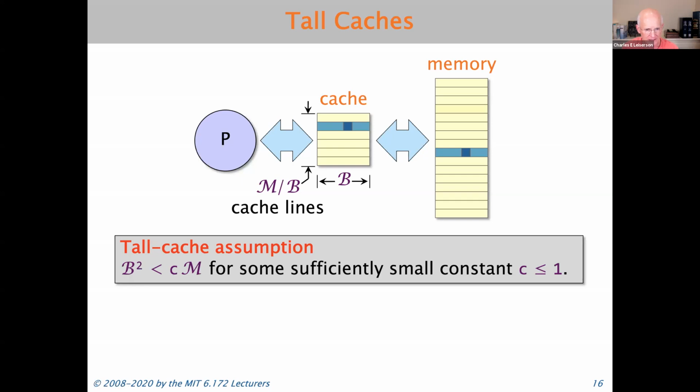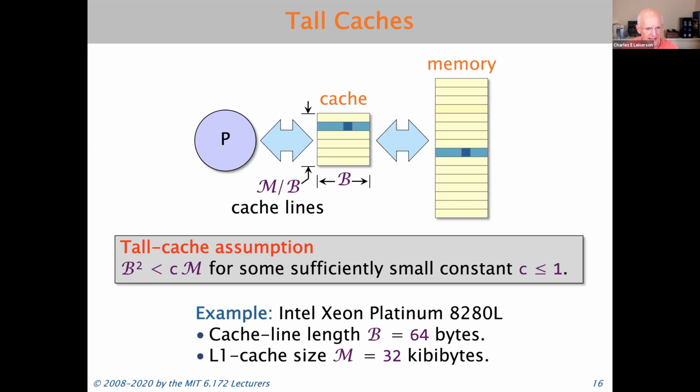So that's the tall cache assumption, and in practice, this is usually satisfied. So, for example, on the high-end machine we've looked at, the cache line length b is 64 bytes, and the cache size m is 32 kibibytes.